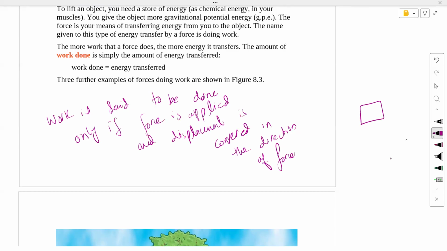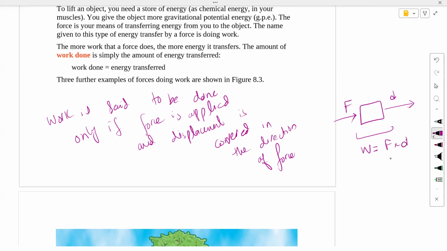If this is the object, I have applied force onto it and it has covered displacement in the direction of applied force, only then work is said to be done. Which means work would have a formula F into D.